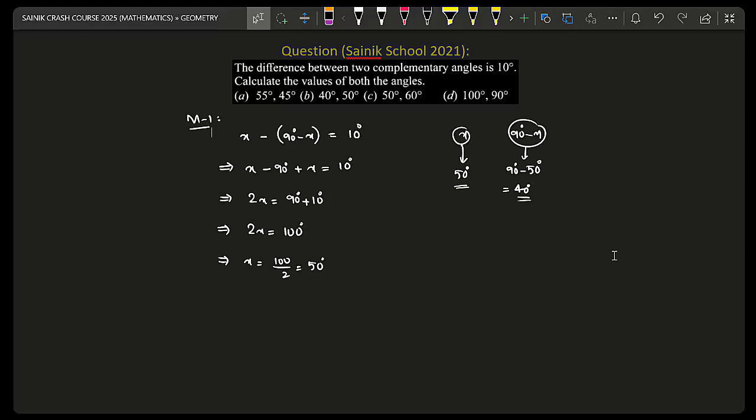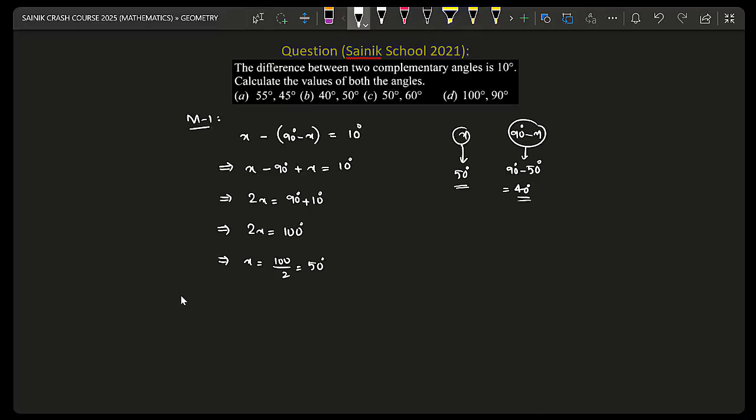Sir, x minus 90 degrees minus x is equal to 10 degrees. Why x minus 90? Sir, x plus 90. Okay, you can take x plus 90 also, no problem, because for the smaller angle, if you take x, then the greater angle will become x plus 90. Let's do that one also.